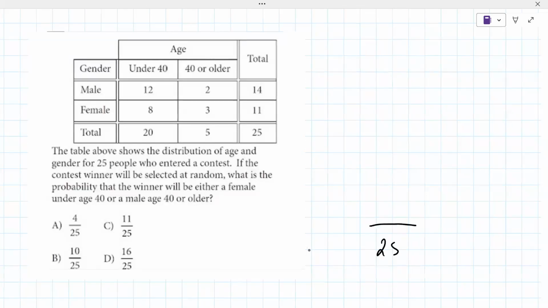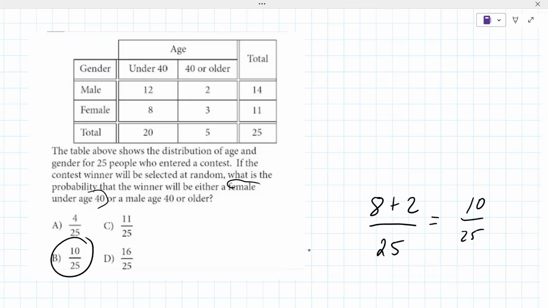So the total on the bottom is 25. That doesn't help much because they're all 25. So how many are a female under age 40? How many females under age 40 are there? 8. How many males 40 and older are there? Two. What is 8 plus 2? 10. Is that answer there? So it's 10 over 25. What is the correct answer? A, B, C, or D? Good.